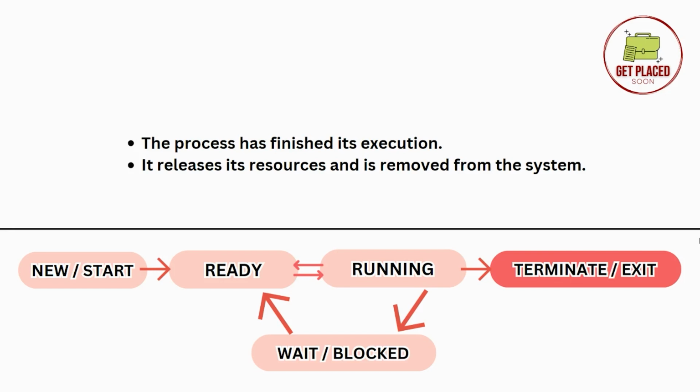In case there are any problems, like it needs input or output, or it needs a resource, or a higher priority operation comes, then it will wait in the waiting block. Once the wait is complete, it will again go to the ready block, and from the ready stage it will again go to the running stage. Then once it is executed, it will go to the terminate stage, where it is completely deleted and all the resource allocations are completely destroyed. So these are the five common stages. I hope you understood. If you have any doubts, feel free to comment below.